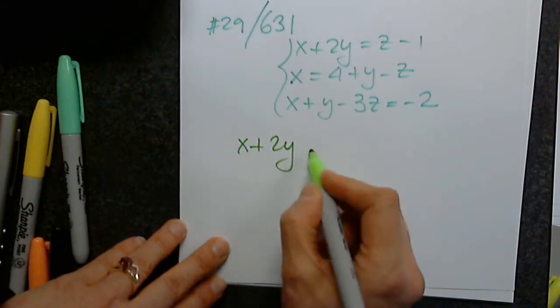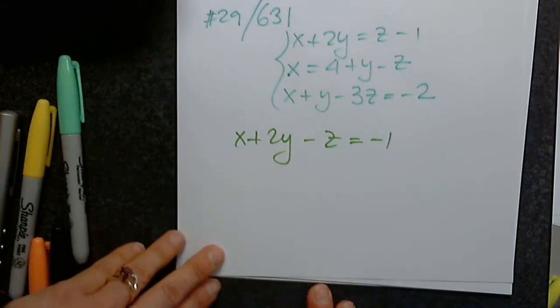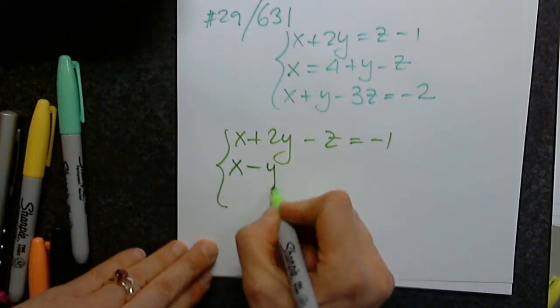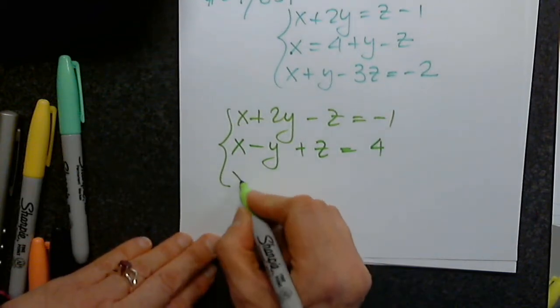X plus 2y minus z equals negative 1. Do we agree with the first equation? Can anyone dictate the second equation? X minus y plus z equals 4. And the last one is done.